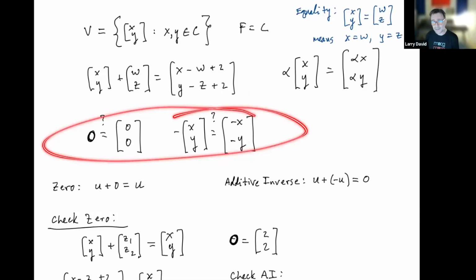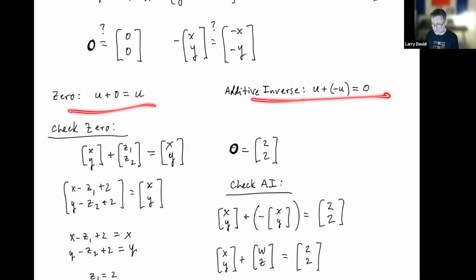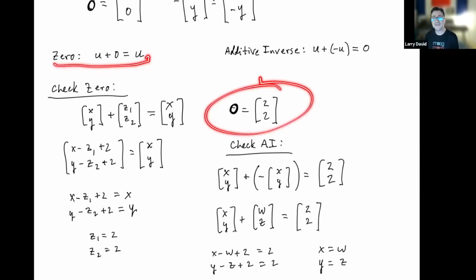Don't assume anything. And in particular, don't assume what the zero vector is. Don't assume what the additive inverse is. You have to use the axioms to check them, which is also the same thing as using these as the definitions to figure out what they are. In other words, we checked to see if the zero axiom was satisfied, and in that process we discovered what the zero vector is.